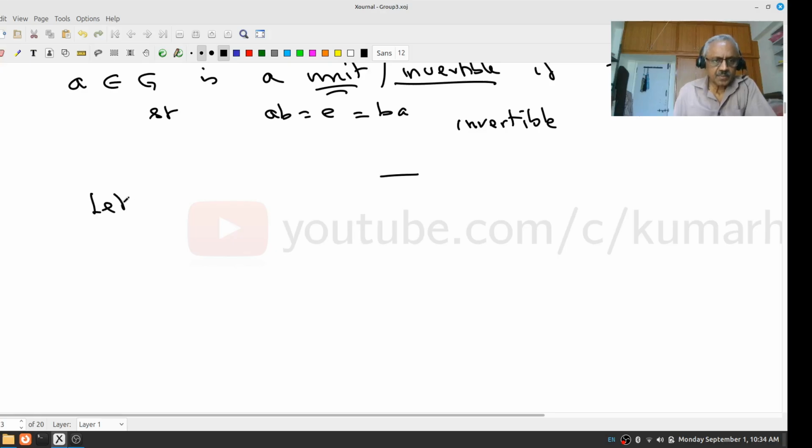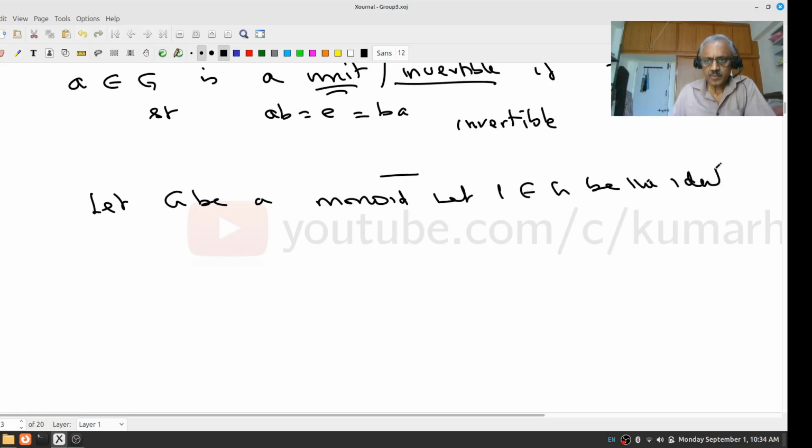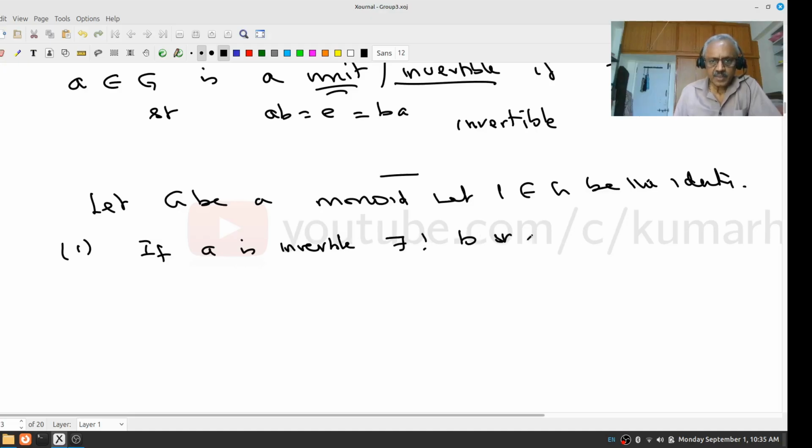Let G be a monoid. Let 1 in G be the identity. We had already seen it's unique. The first thing is, if A is invertible, there is a unique B such that AB equals BA equals identity.